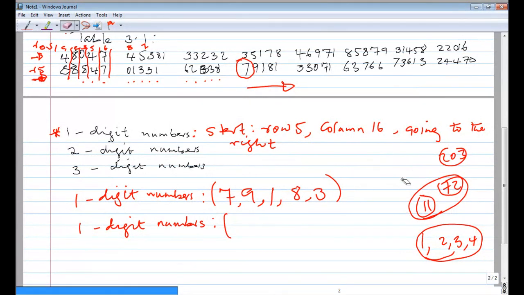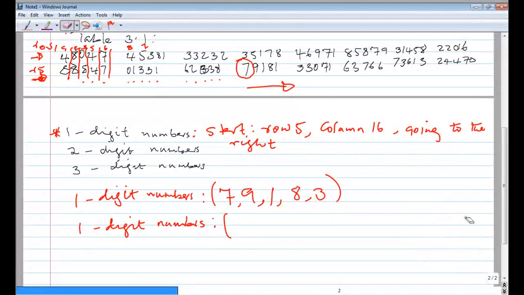Okay. So now, let me just erase this. Now again, we're considering 1-digit numbers. Okay, let's start from, in this case, because I don't want to write another thing, let's start from row 5 again, but with a different column.